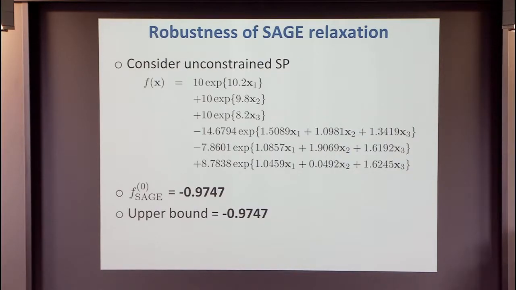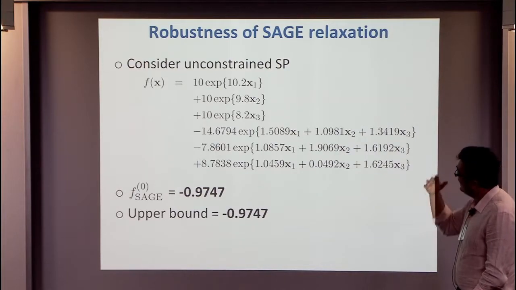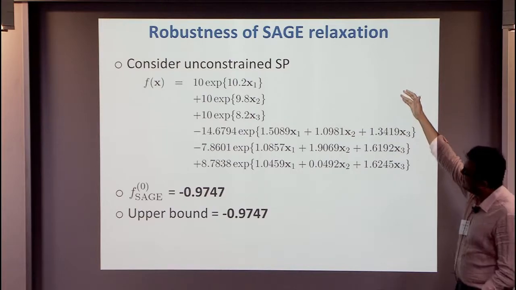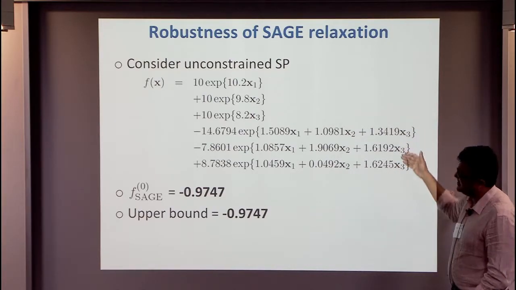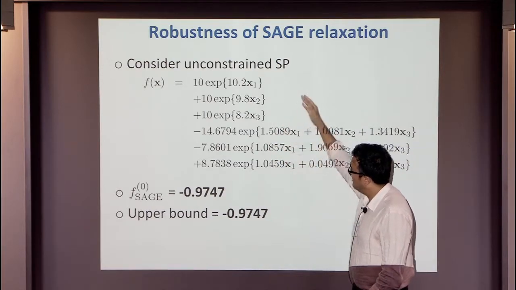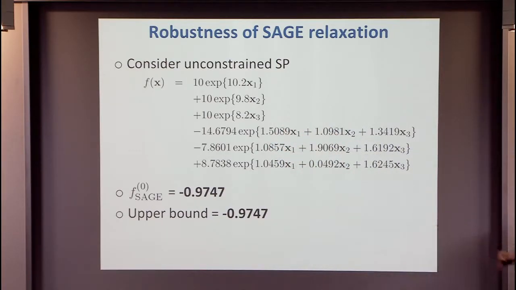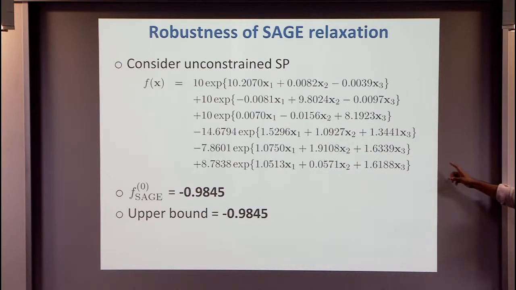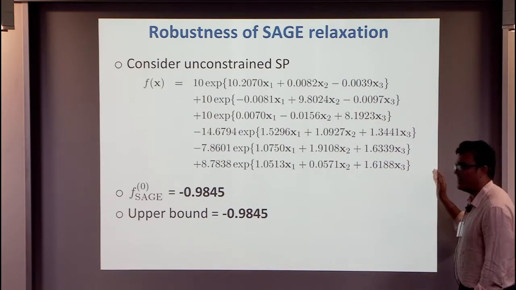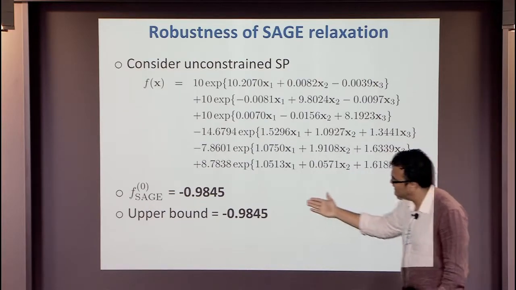A third interesting property is the robustness of the SAGE relaxation to perturbing the exponents. If you take this unconstrained signomial, following from the examples before, just written in a different way, 6 terms, we were tight. I'm going to leave the coefficients unchanged, but I'm going to perturb the exponents. So I've perturbed all the exponents slightly, and we get a closed signomial in some sense.